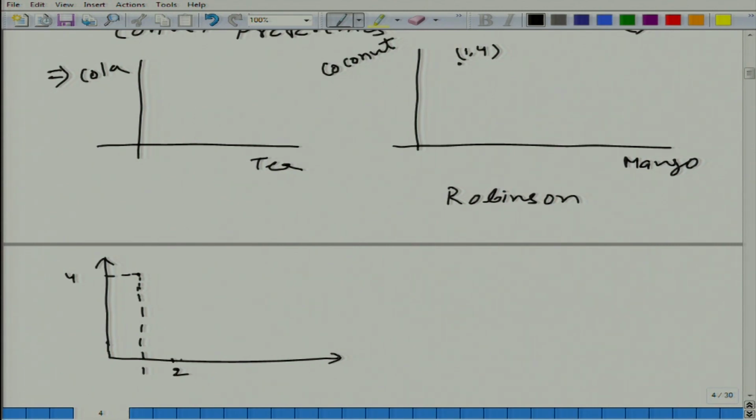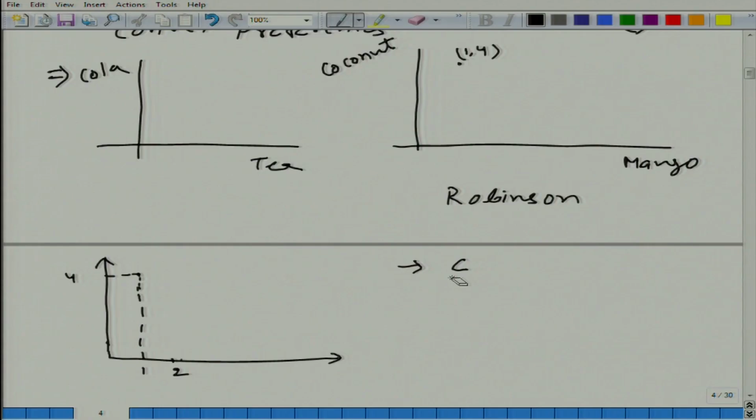Now let's say the person who is selling mango says that I need C amount of coconut to give you 1 mango. Let's not worry about whether he would become better off or worse off.